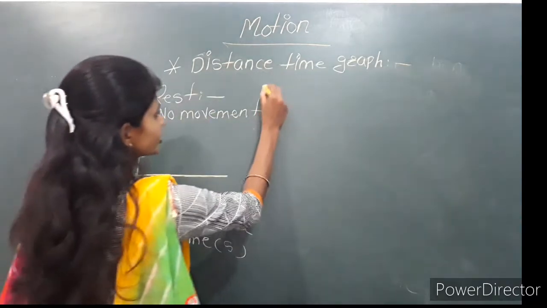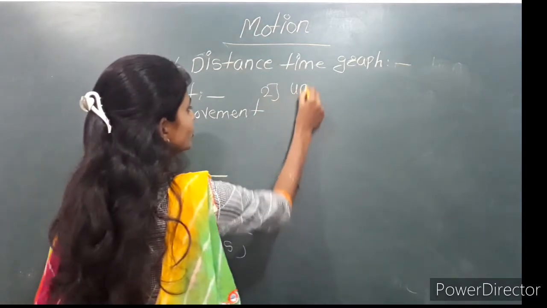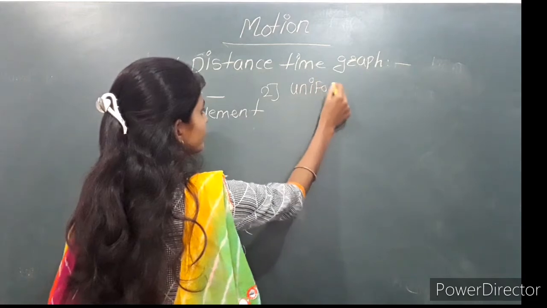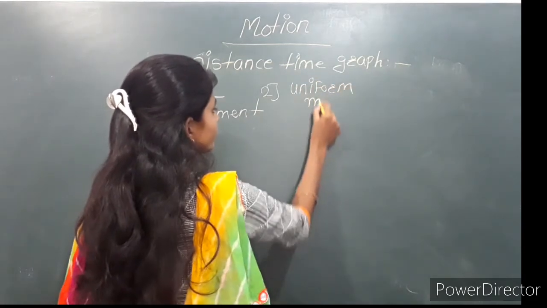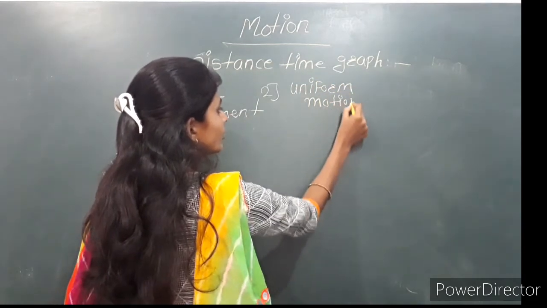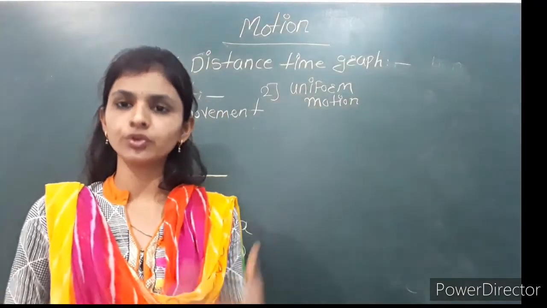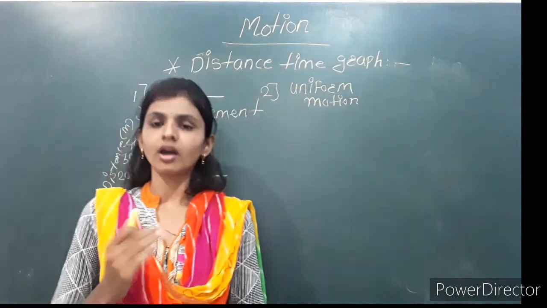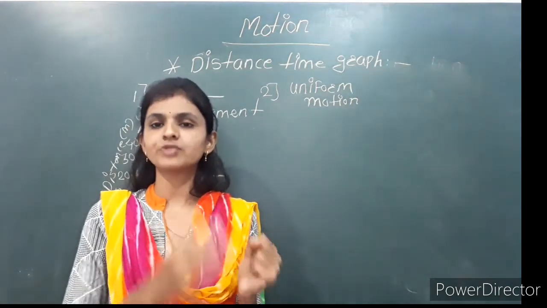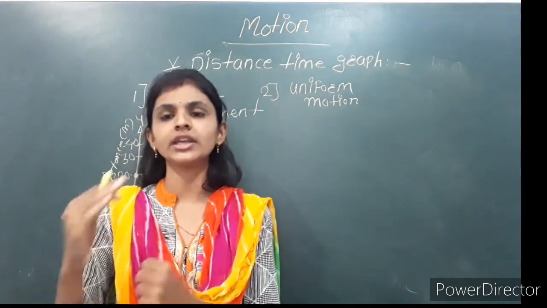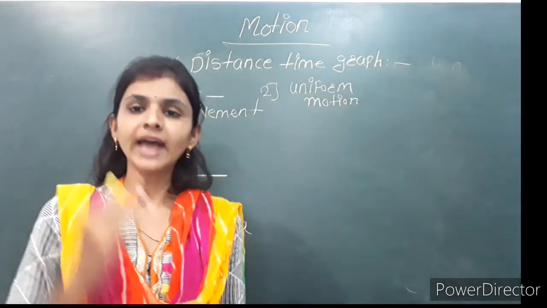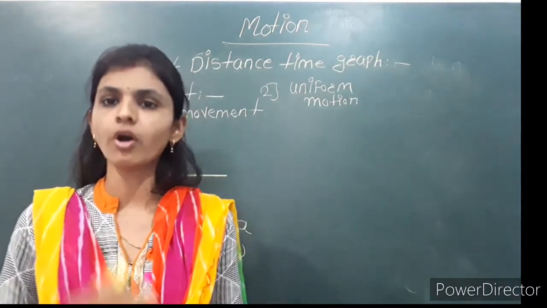The second condition is when the object has uniform motion. We know that when an object covers equal distance in equal intervals of time, that motion is known as uniform motion.